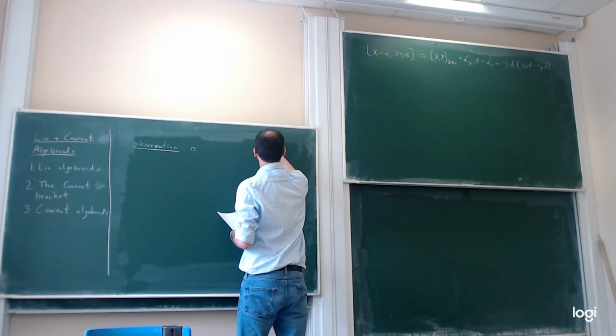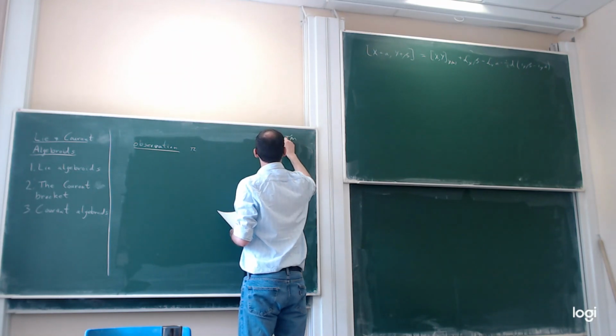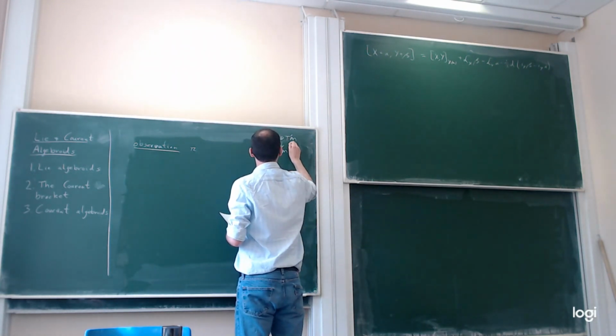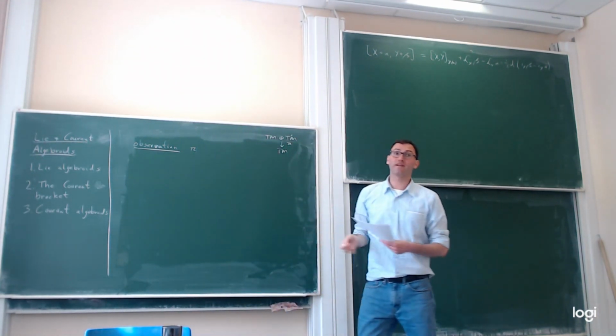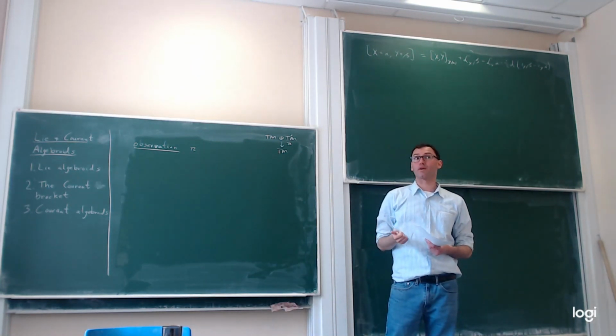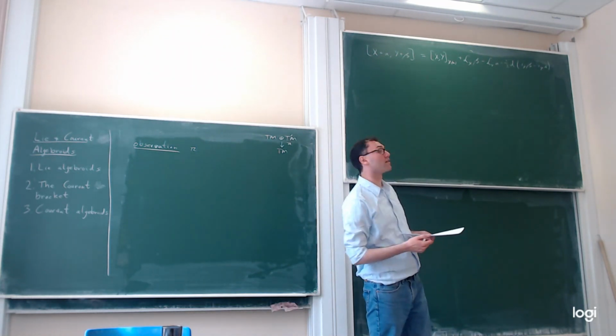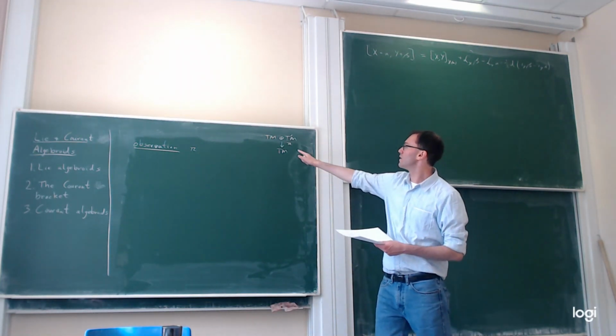Here pi is the canonical projection from the extended tangent bundle to the tangent bundle, and we might think, oh, maybe this is an anchor map, maybe the Courant bracket is a Lie bracket, and maybe we are in the setting of Lie algebroids, but we'll see it's not true.